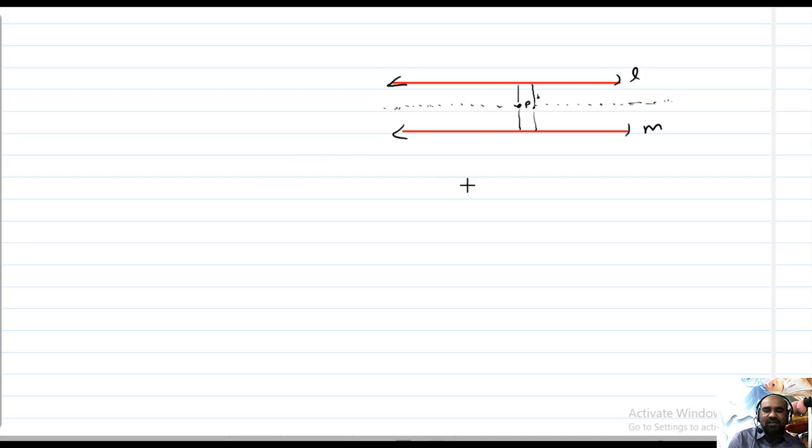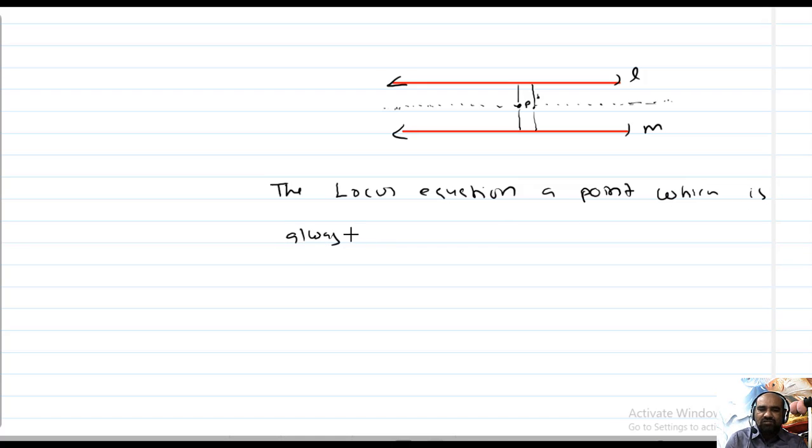I will write that. The locus equation of a point which is always equidistant from two parallel lines is, what is that?